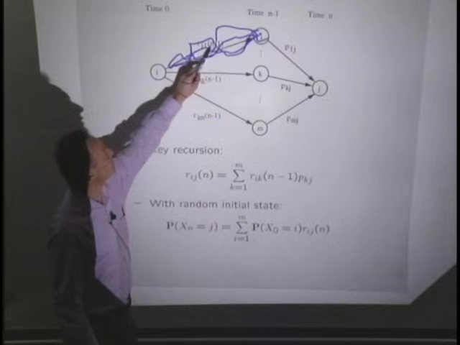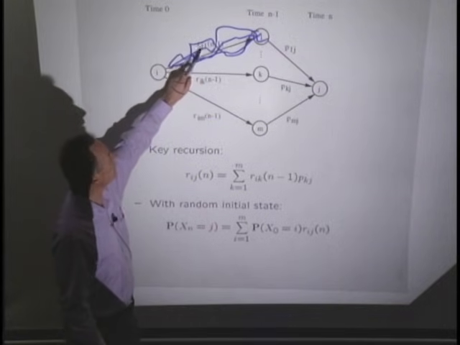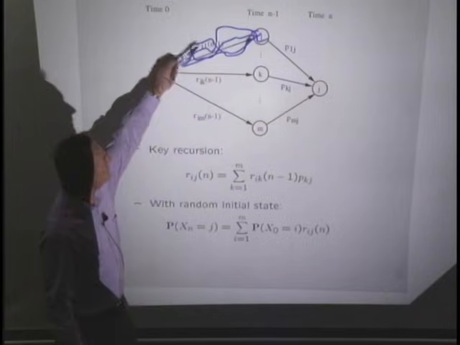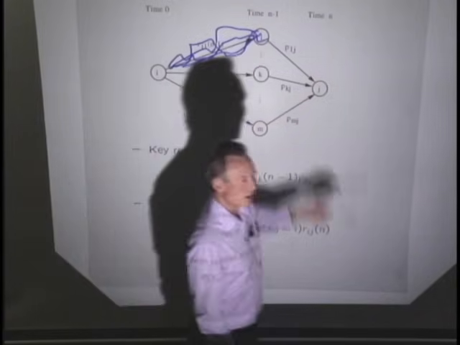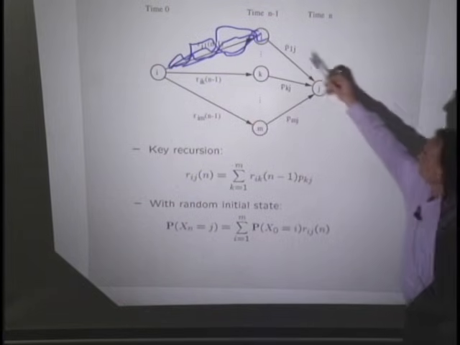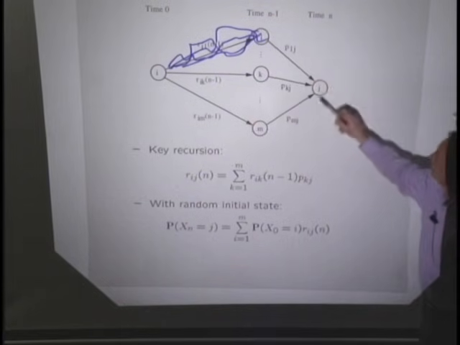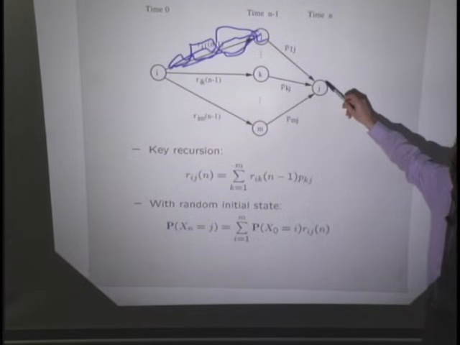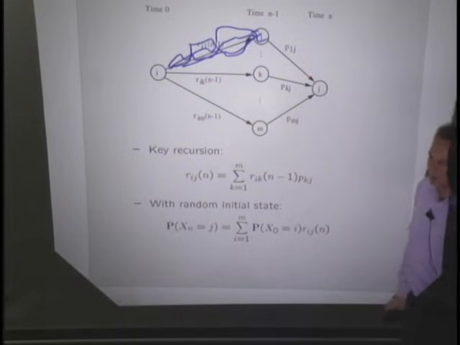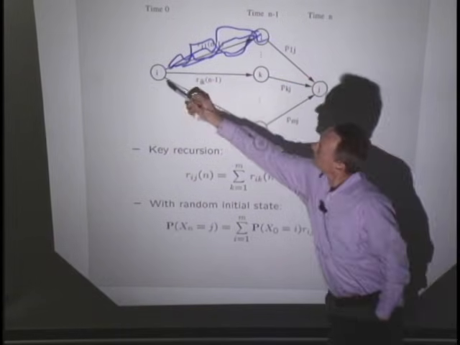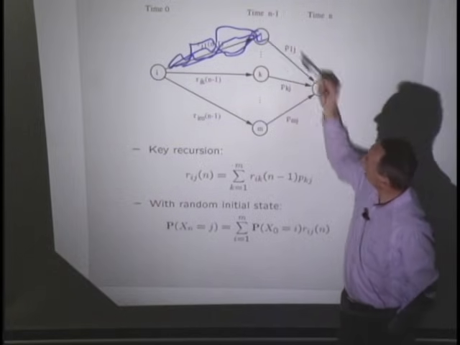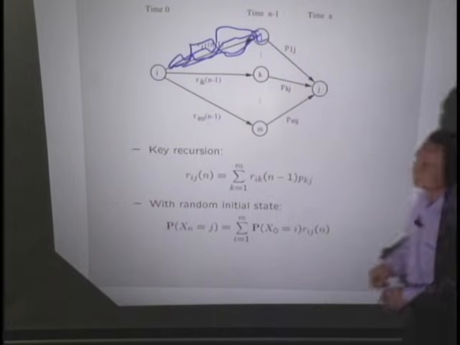This is the probability that from state i, I end up at state 1. And then given that I found myself at state 1, with probability p_1j, that's the transition probability, next time I'm going to find myself at state j. So the product of these two is the total probability of my getting from state i to state j through state 1 at the time before.